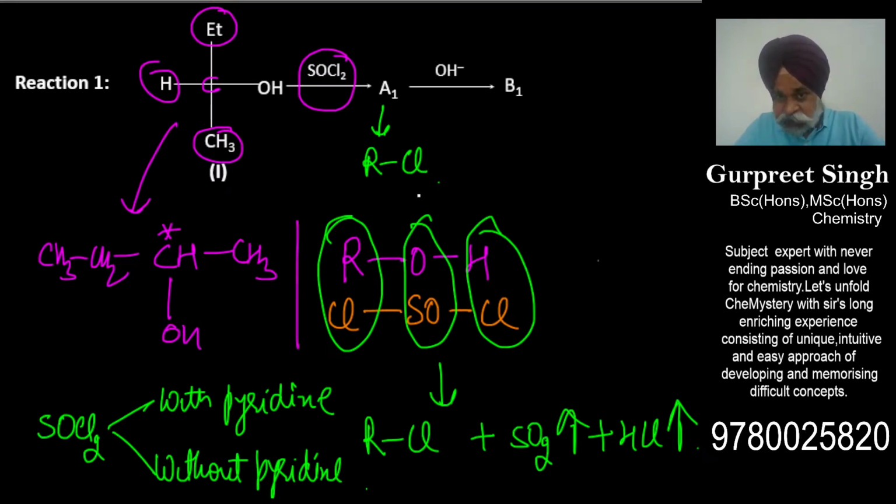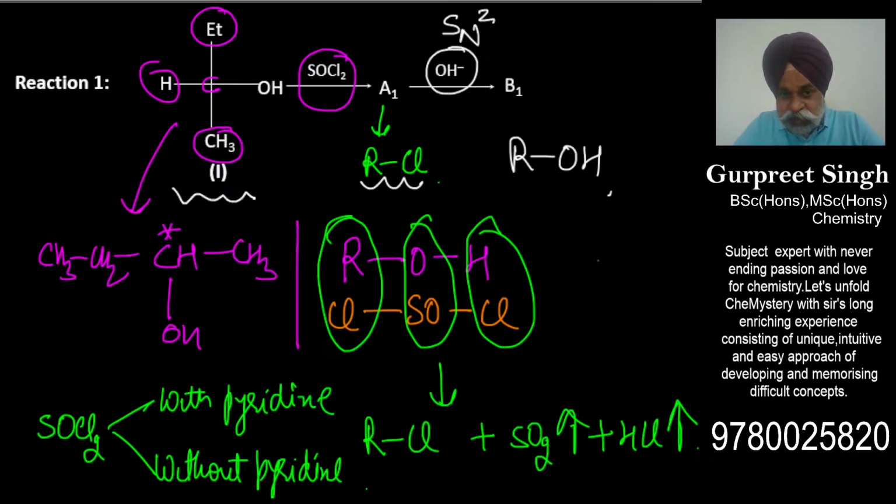Now the last part is the alkyl halide treated with NaOH or OH negative. So basically this is a nucleophilic substitution reaction, which I may say has to be SN2, and seeing the viewpoint of the reaction, you would get the alcohol back. So basically you are starting with the alcohol, you would get back the same alcohol.